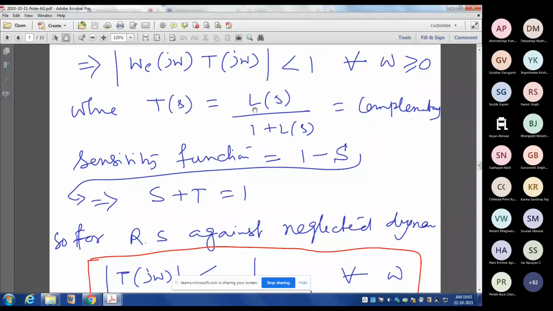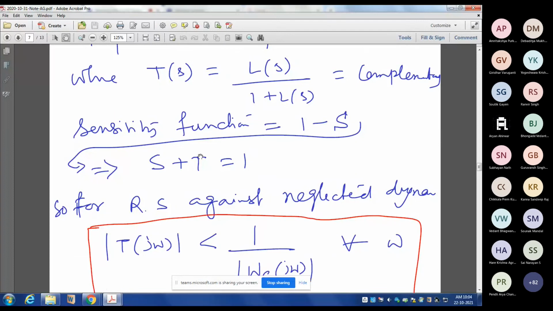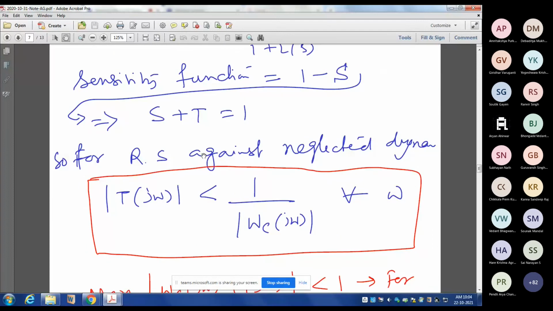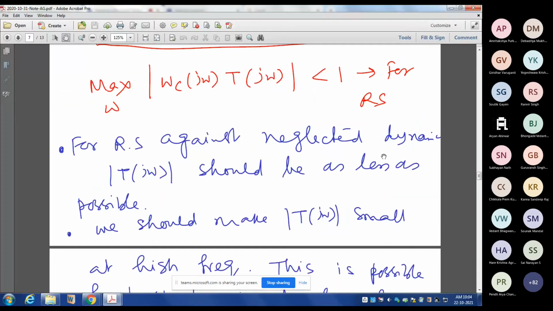So T(jω) will be equal to 1 at low frequency; you cannot make it less than 1 there. But we can make T(jω) small at high frequency, which is important in order to have robustness against neglected dynamics.